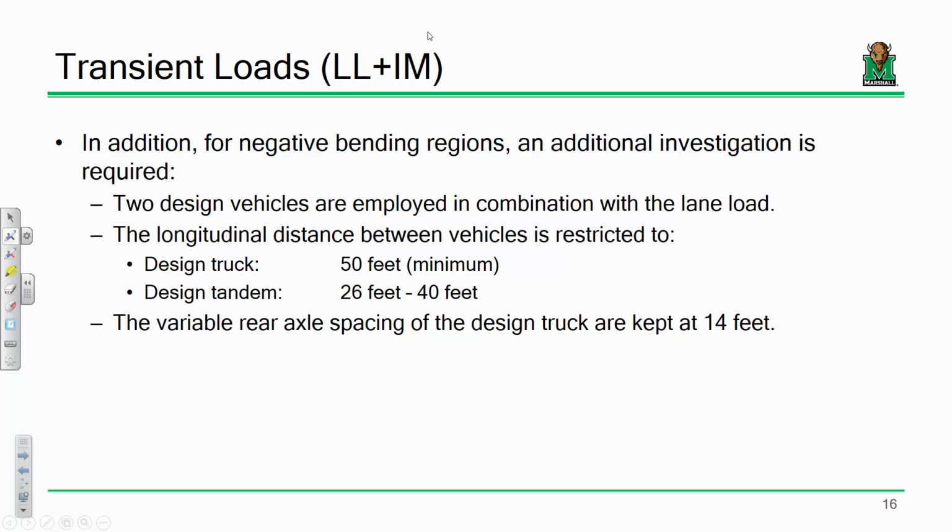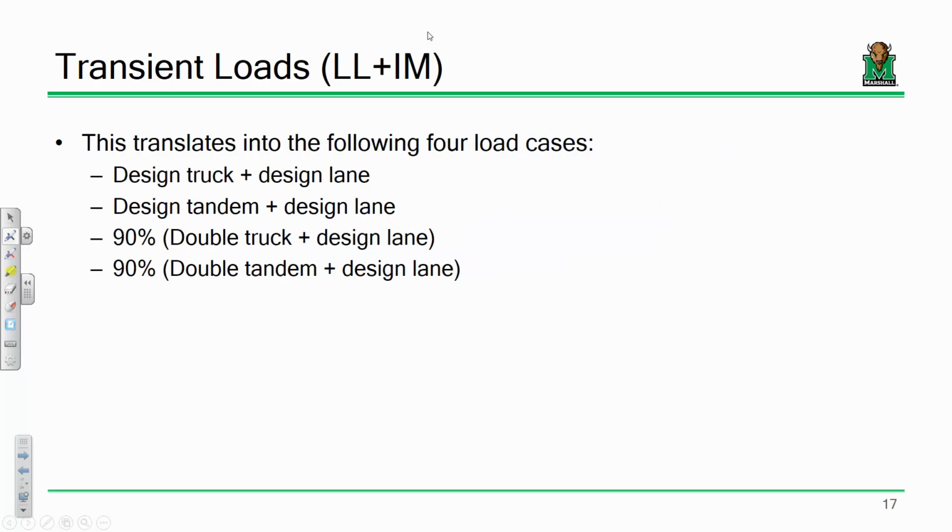So let's say here's the pier. The idea is you have 1 truck here and 1 truck here to cause more bending across that central support. The code stipulates that. It only stipulates that for negative bending regions. If you don't have a negative bending region, then you don't need to worry about it. But I have a really clear picture to show you here in a second where that would be useful.